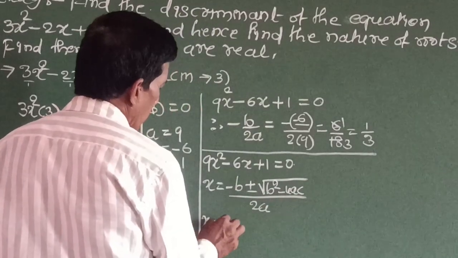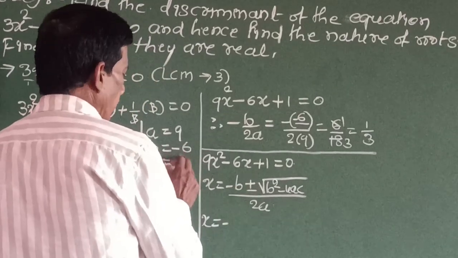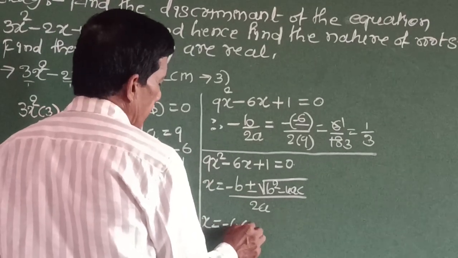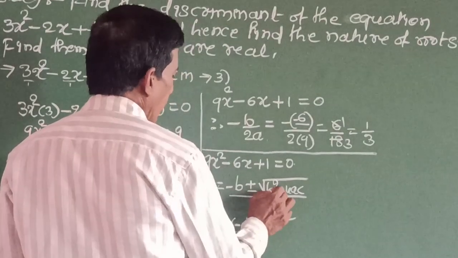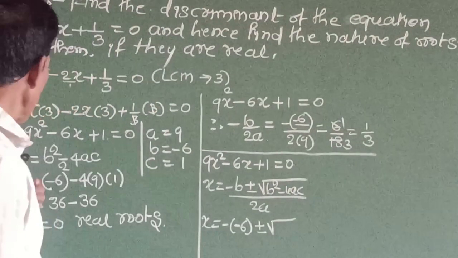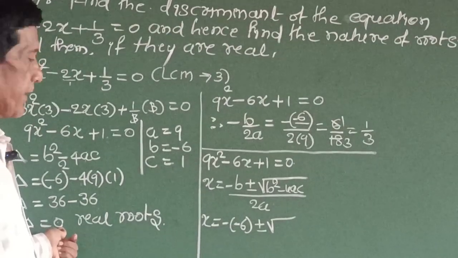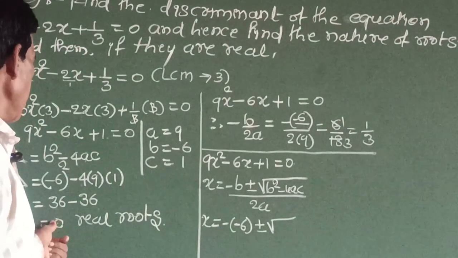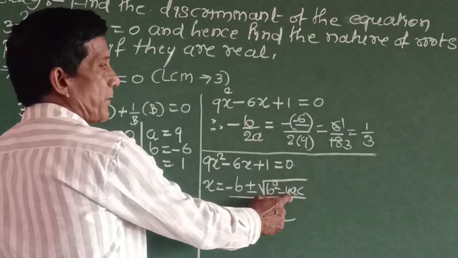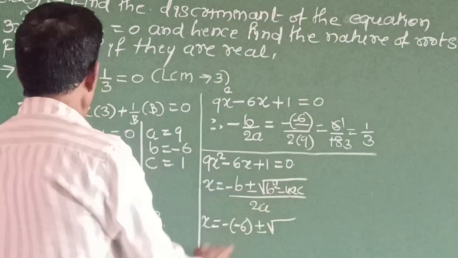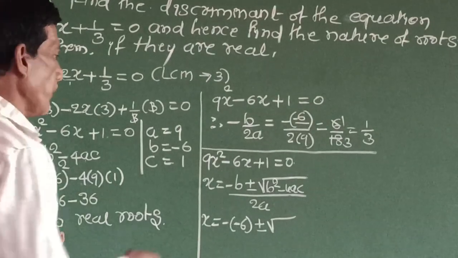So x equal to minus b, which is minus 6, plus or minus root of b square minus 4ac. The answer of b square minus 4ac is 0.